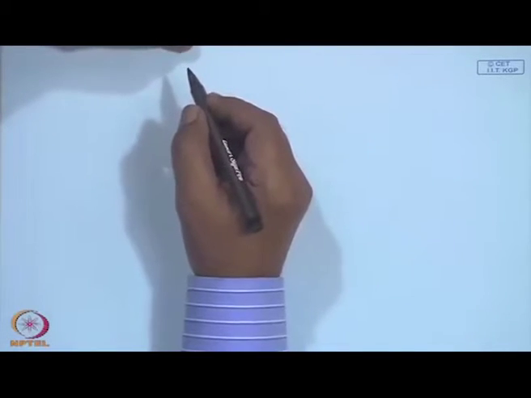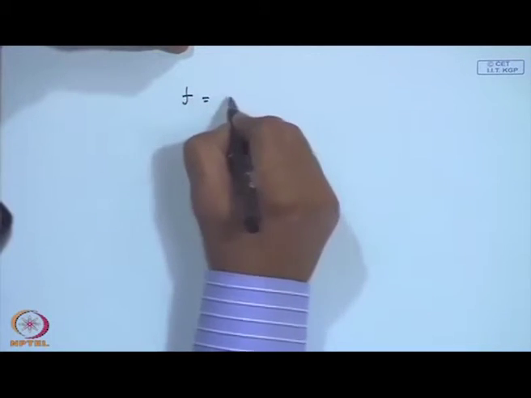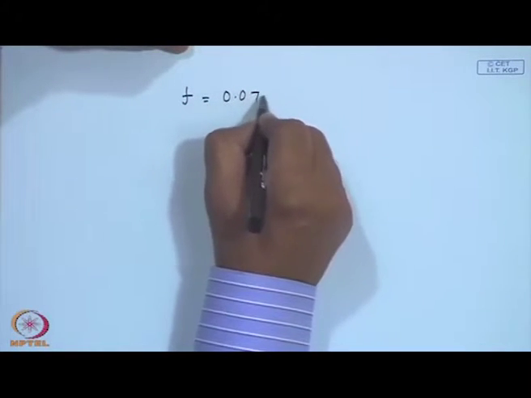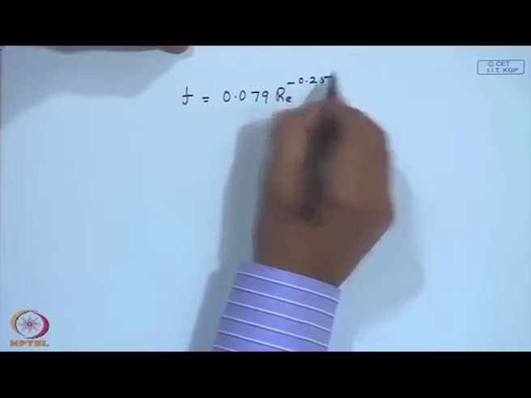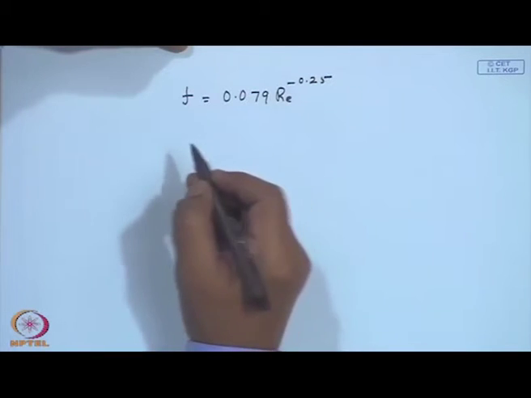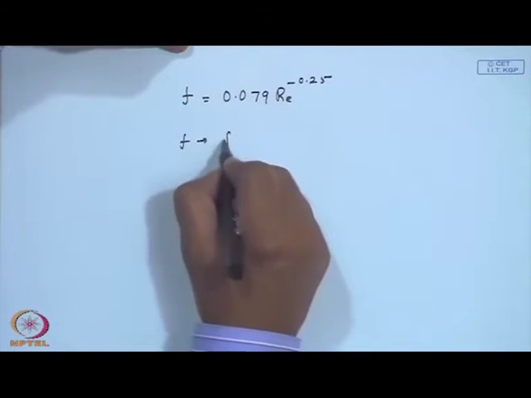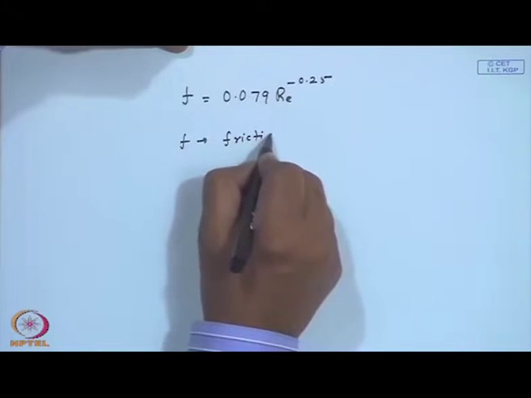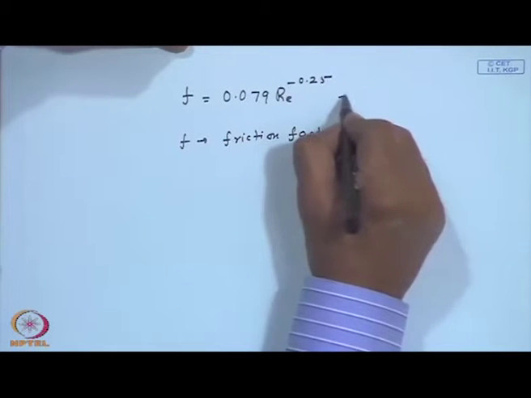Now, the friction is calculated from the Blasius formula. So, this is the pressure drop, where F is the friction factor. This is due to Blasius, the famous 1/4 power law.